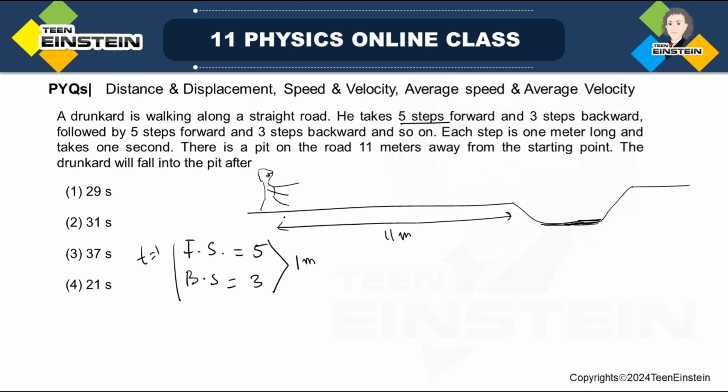Okay, so let us try to solve it. First of all, the first attempt consists of both a forward step and a backward step. Then for the second attempt, we'll check how much distance he is covering.